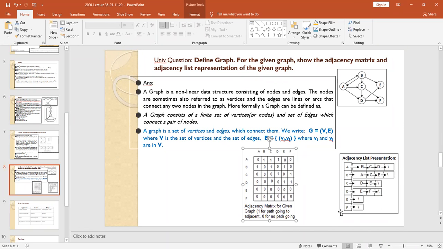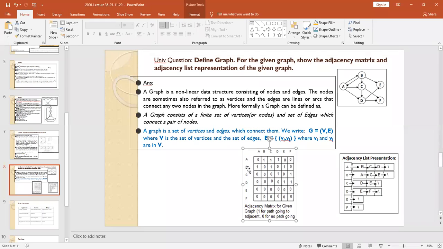So now you come for the adjacency list. So how do you write the adjacency list? From the adjacency matrix, you can easily write. See here, from A to B, then A to C, then A to D. So that's why we have given it as A, then B, then C, then D. So finally, the linked list slash means it will end with 0.